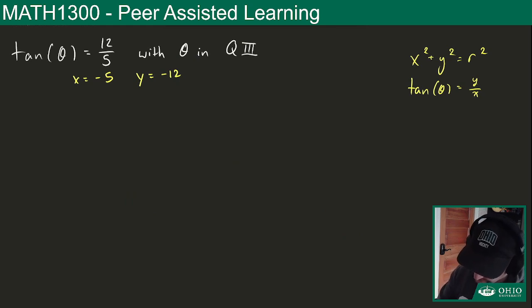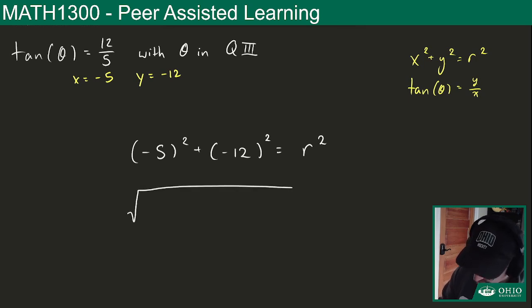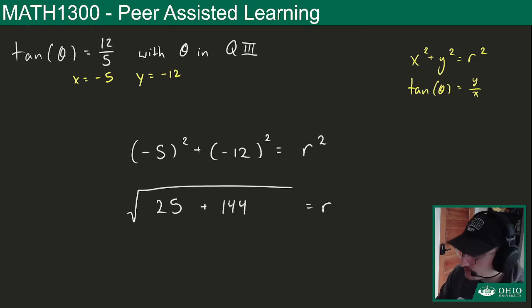So we have negative 5 squared plus negative 12 squared equals r squared. And of course, the square root of 5 squared, which is 25, plus 12 squared, which is 144, equals r.